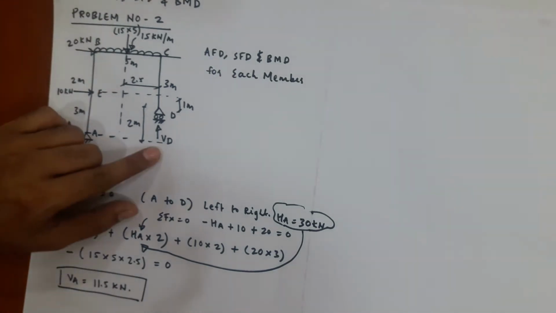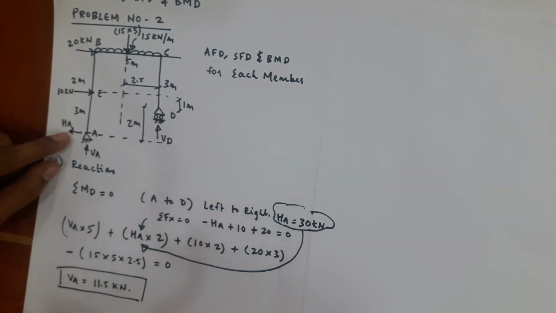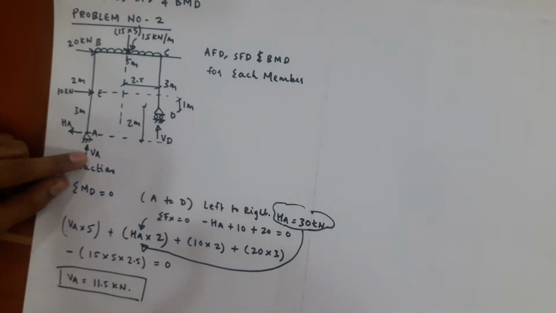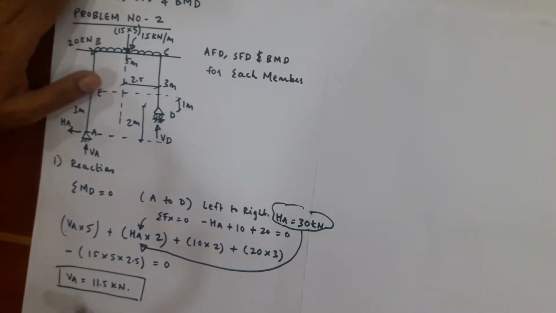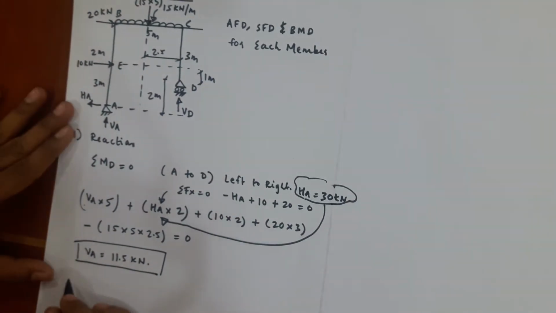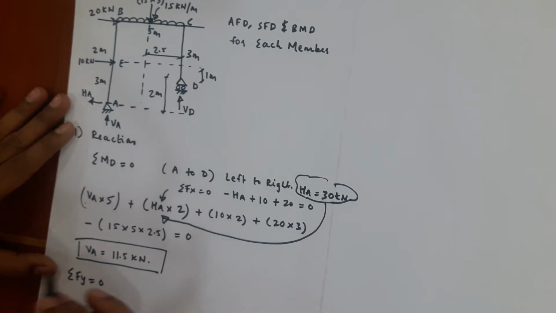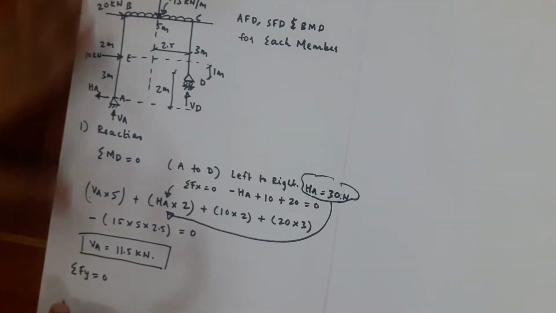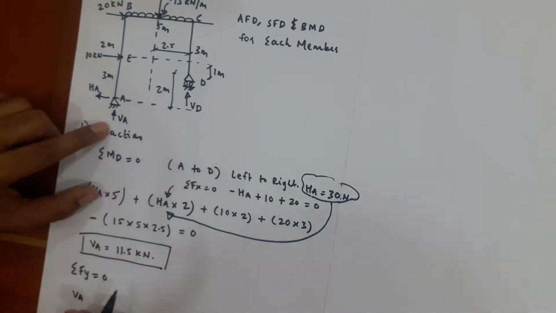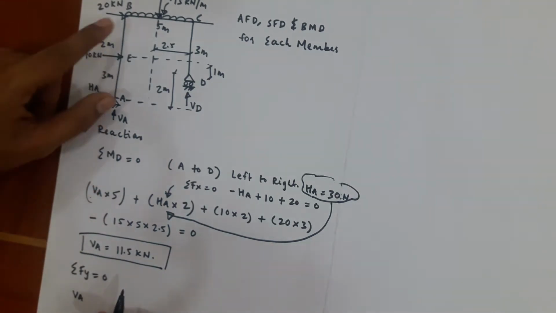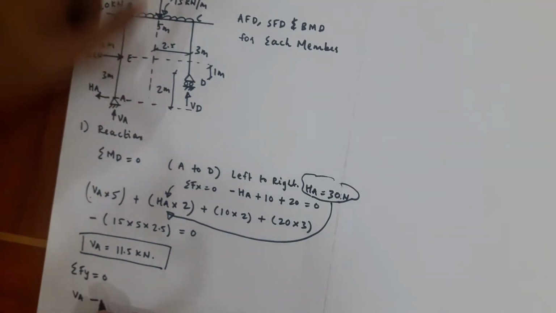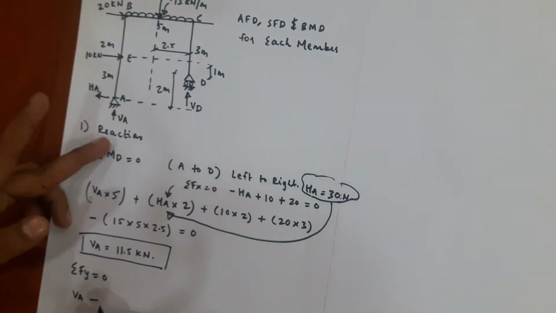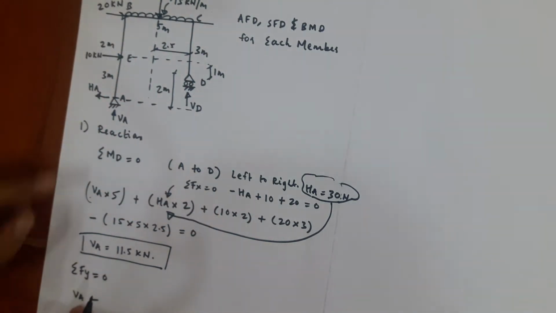Now we need to find VD. We have done the calculation of HA and VA, we have to find VD. For VD we have to use summation of Fy equal to 0. All the forces in the vertical direction are equated to 0. Plus VA, minus the total UDL. VA is going upward, that is why we have taken it positive.